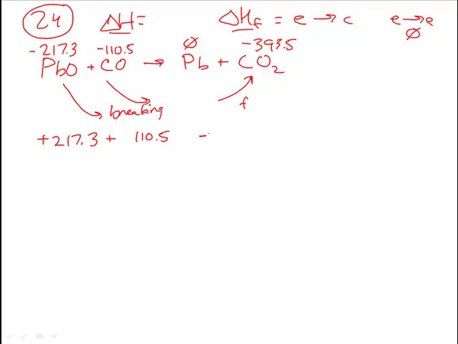And then this one here is still negative 393.5, and you just add all of these together to get your delta H. So it should be a fairly small negative number. So this is how to use heat of formation data to find the heat change in a reaction.